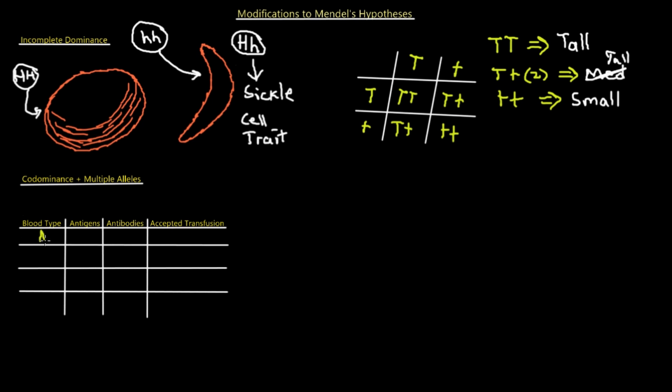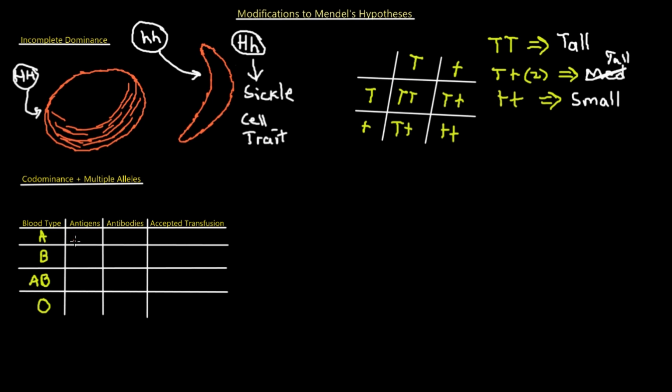We have our A blood type, the B blood type, the AB blood type, and the O blood type. Everybody is either A plus, A negative, B plus, B negative, AB, or O. Each of these blood types has antigens, meaning they have receptor molecules on their red blood cells that the immune system is not going to target.